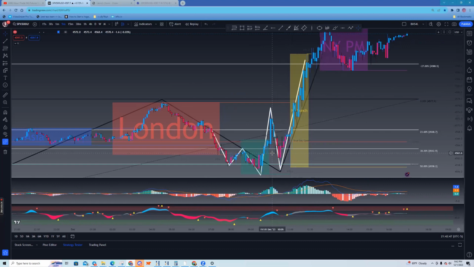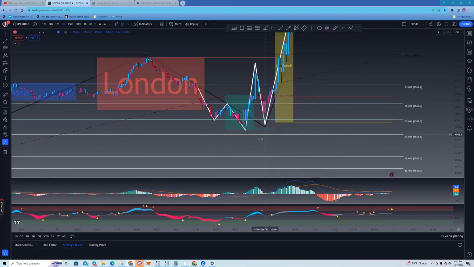You want to see pullbacks on the higher time frame, and you want to see pullbacks on the lower time frame for your entries. I'm just using the fib to give me a sense of where I'm going to put my stop loss. Am I going to put it right here, or give it some space and put it here, because it could play around in this area as well, because 61.8 is a very strong level.